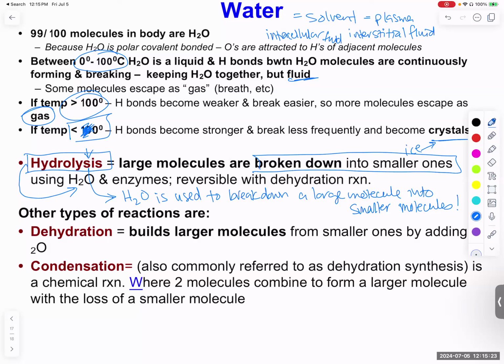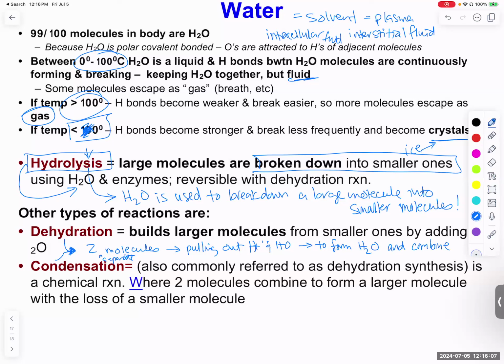Dehydration is where we're actually pulling water out. Dehydration and condensation are, for our purposes, basically the same. It's where you take two separate molecules and pull out a proton from one and a hydroxyl group from another to form water.